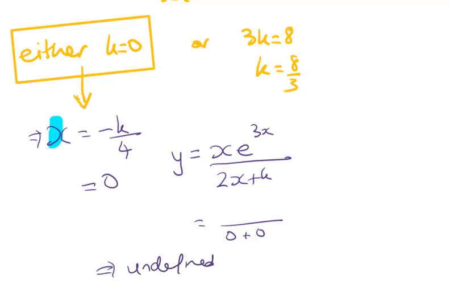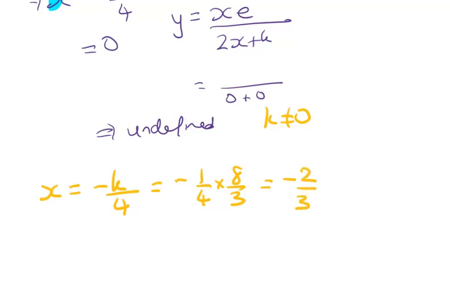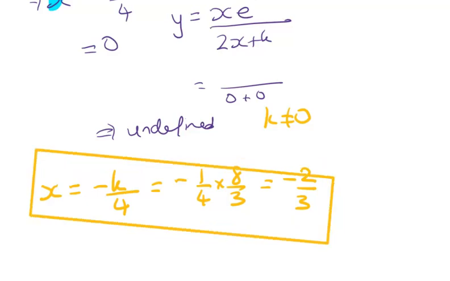That means this function doesn't work for k equals 0, so we're going to reject that. k can't be 0, k must be 8/3. And when k is 8/3, x is equal to negative k/4, which is negative 1/4 times 8/3, which gives me negative 2/3. And that was all we were asked for in that question.